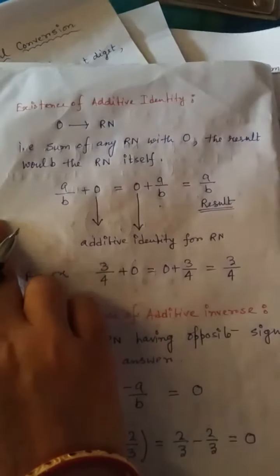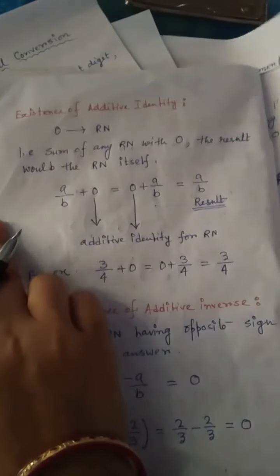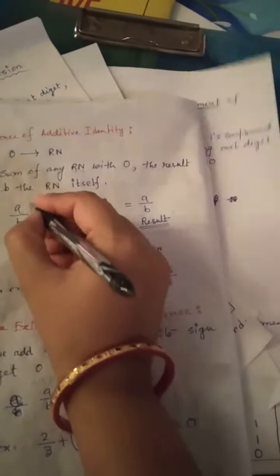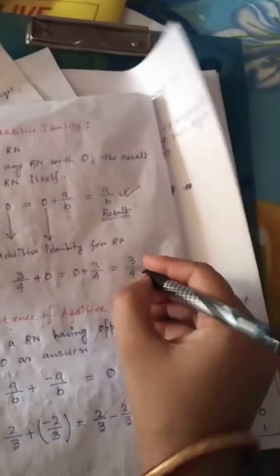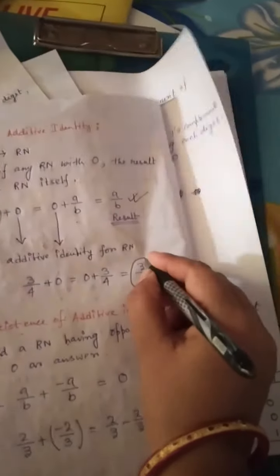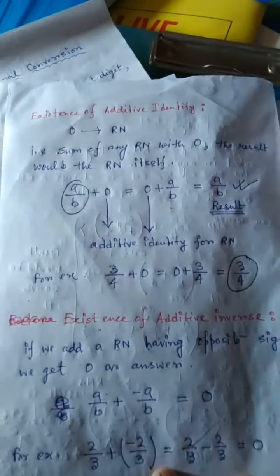The sum of any rational number with 0, the result would be the rational number itself. That means if we add a rational number with 0, we get the rational number as the result. Here is an example: 3 by 4 plus 0, that means we get 3 by 4 as the answer. This is called the existence of additive identity property.